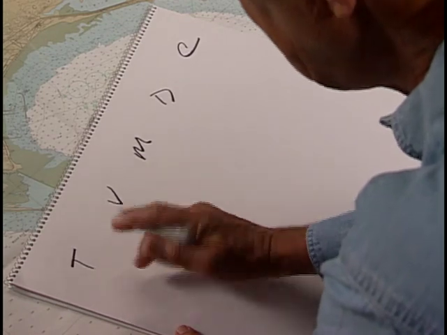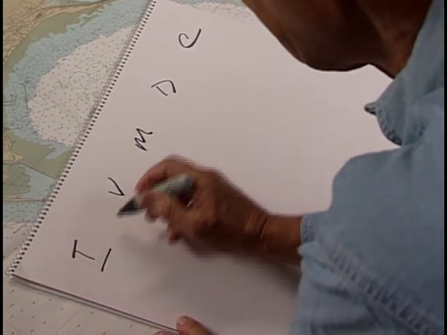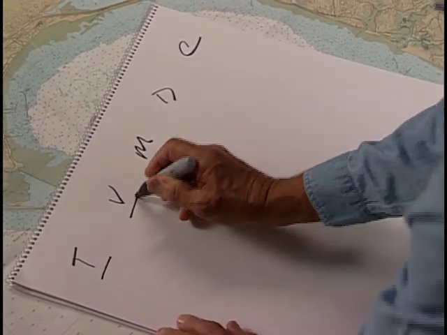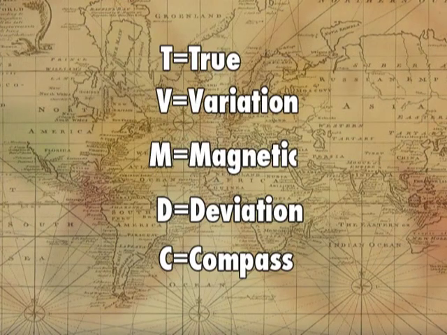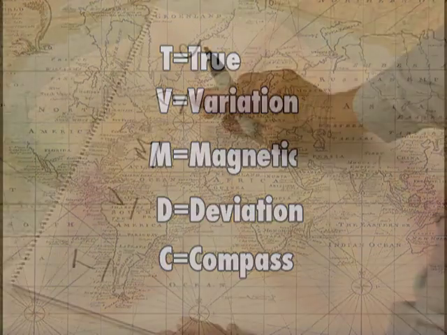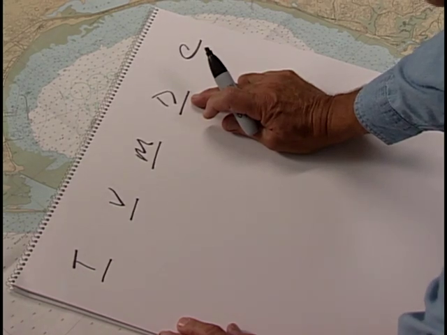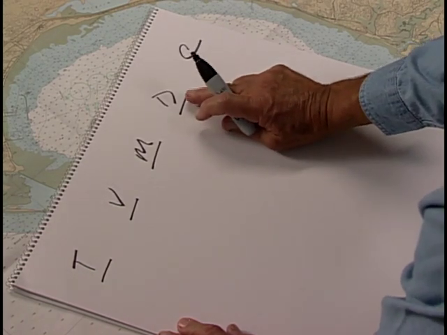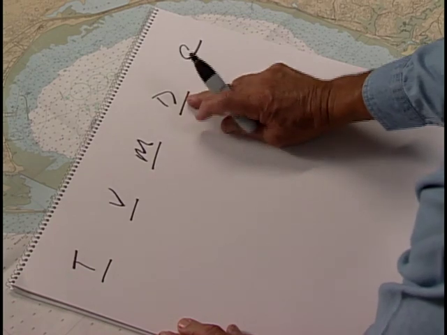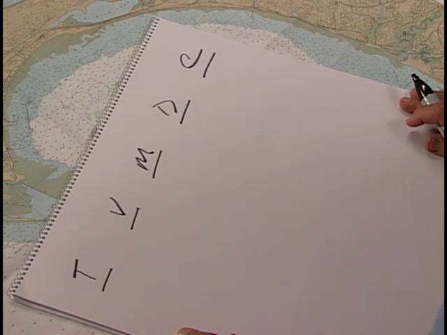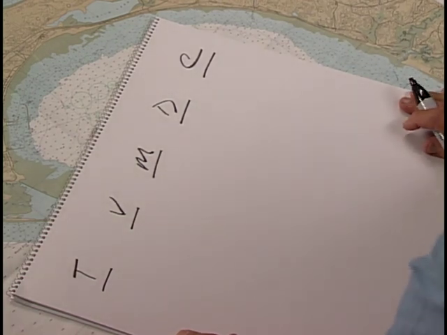T stands for true. V stands for variation, which is the difference between true and magnetic. M is magnetic. D is deviation. Now, deviation is errors in the compass, and we set up a table based on our calibration procedure for the compass. For a particular boat heading, we can come up with a deviation number as well. And then this last column, C, is compass, what the compass on the boat would actually read.